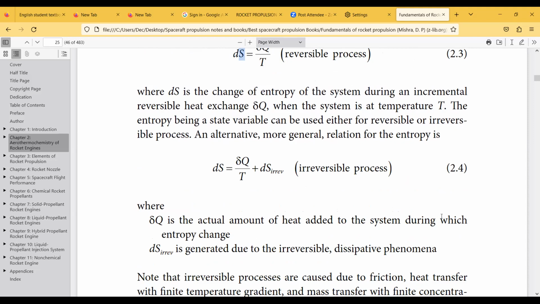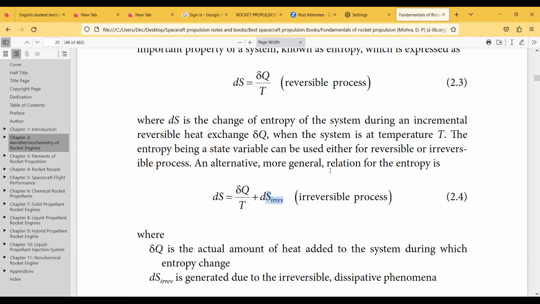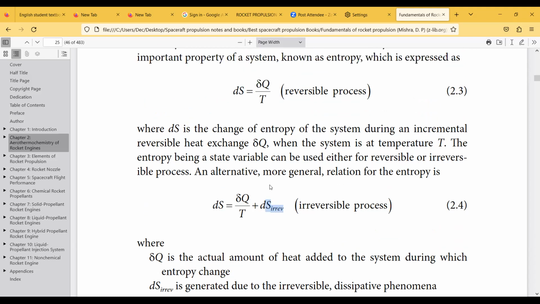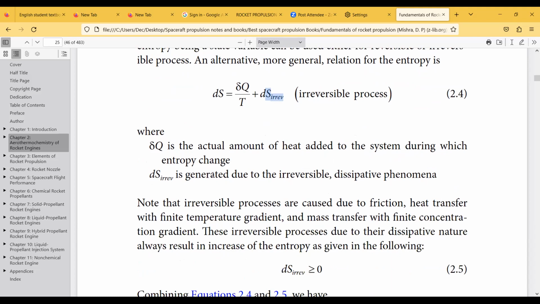If it is irreversible, then we have dS equal to dQ over T plus dS irreversible. So dS irreversible is generated due to irreversible dissipative phenomena.